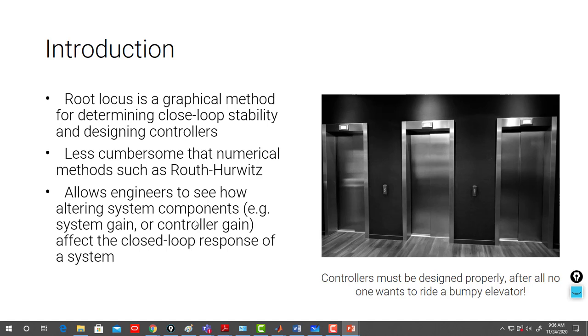So how this will affect the location of your closed loop poles. We'll be seeing it graphically: how by changing the gain, I will change the closed loop pole location and therefore the closed loop response of the system.